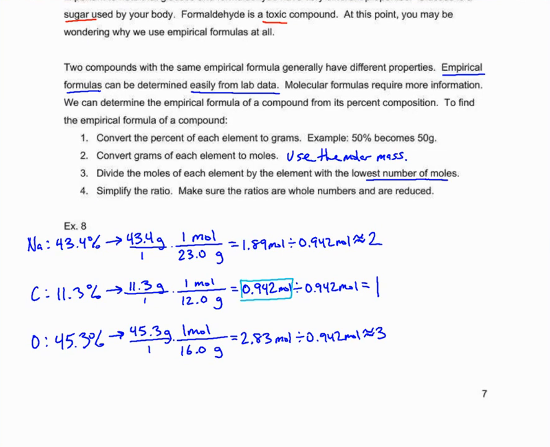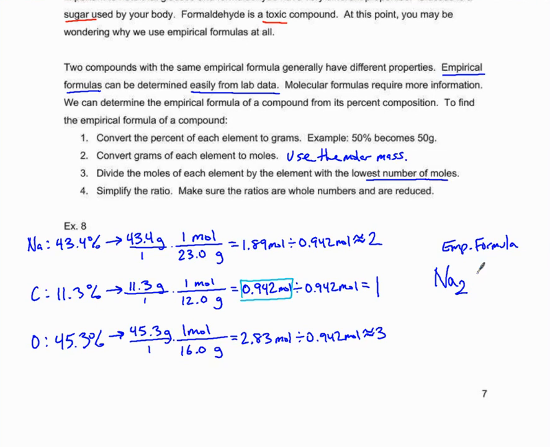And so I'm going to write the empirical formula. I'm going to start with the elements in the order that I was given them. Sodium, and this tells me that there are 2 of them.